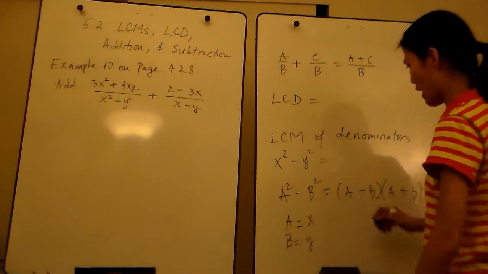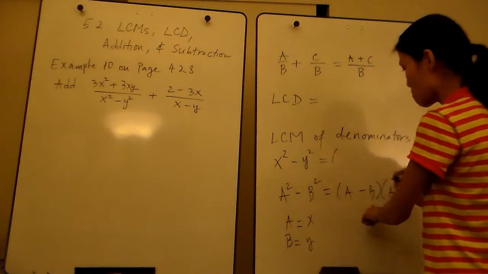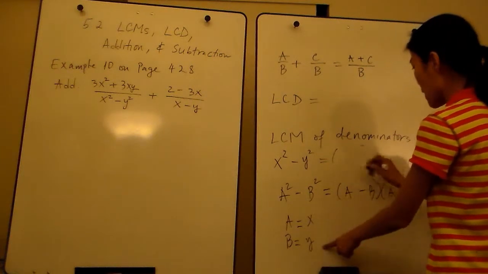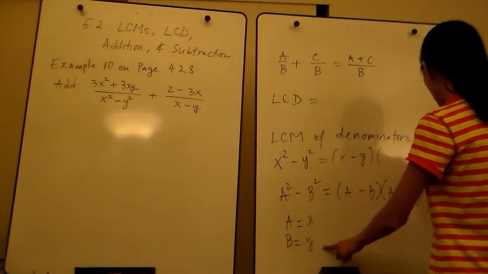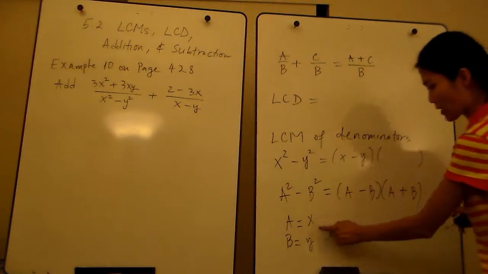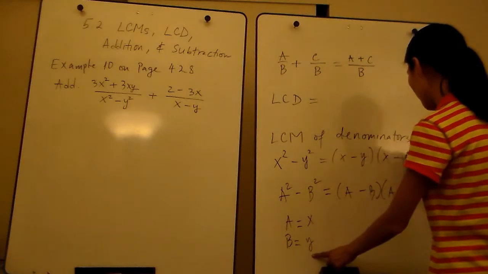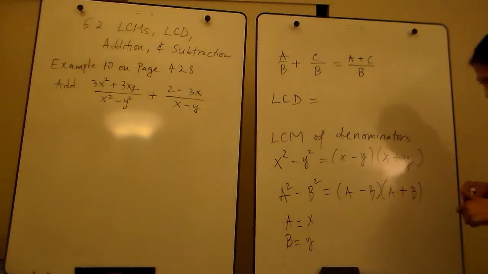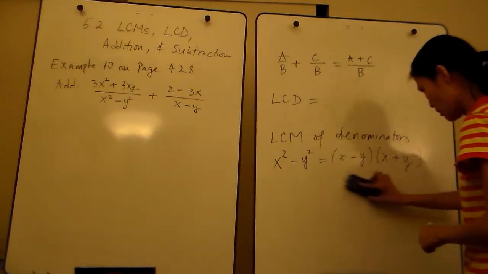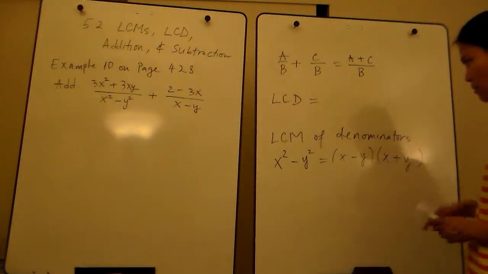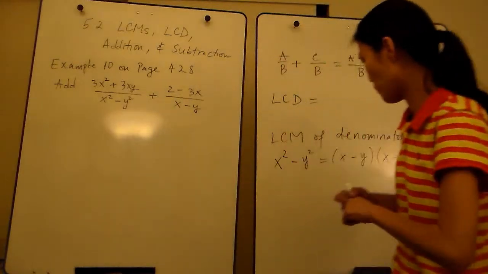So factoring this, I have a minus b, meaning x minus y, and then a plus b, meaning x plus y. So I just factored this first denominator.